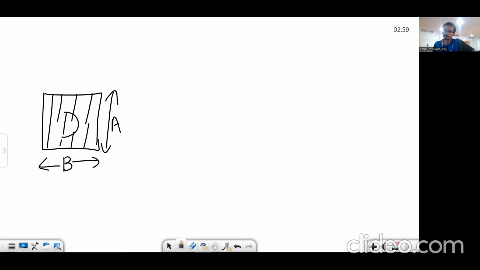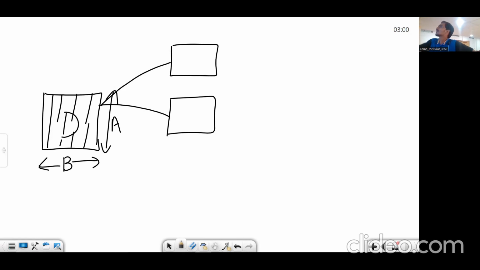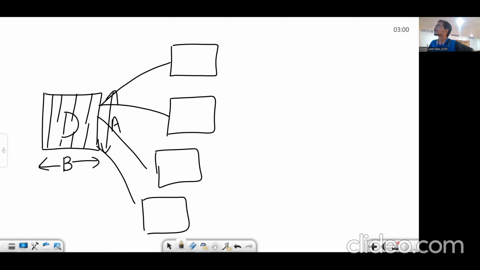Now every time we'll take a certain set of rows and a certain set of columns, or you can say a certain set of rows and a certain set of features. Each time we take, suppose, this particular section of the data set, then we'll take this particular section, another section, and another section.